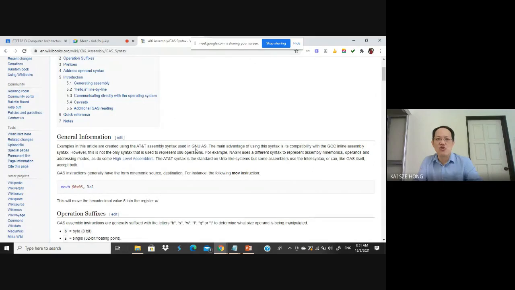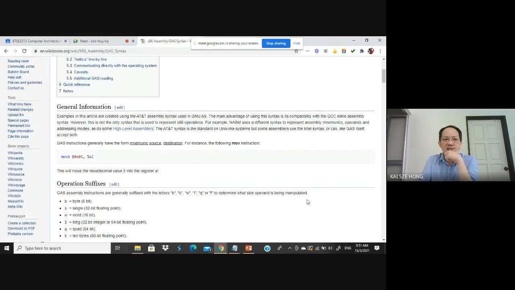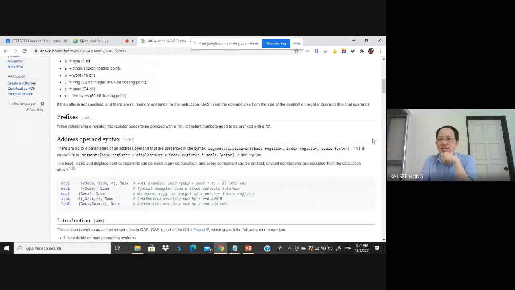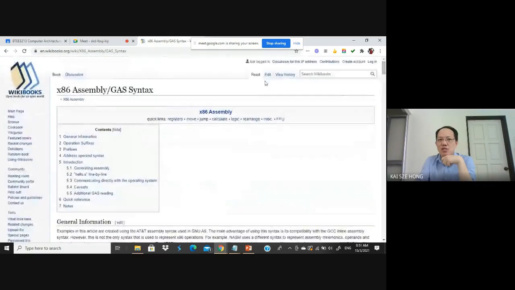GAS is the GNU Assembler. What is this GNU? When we talk about GNU, because this is assembly language, assembly language is not something inside the computer. It's programmed by the assembler, the software company. So let's say Microsoft says the first one is the minuend, the second one is the subtrahend, so we follow first one greater than the second one.